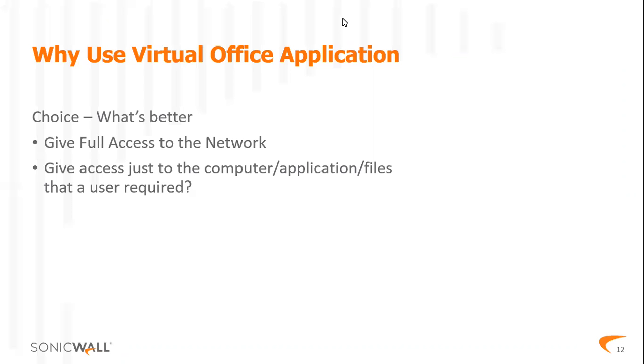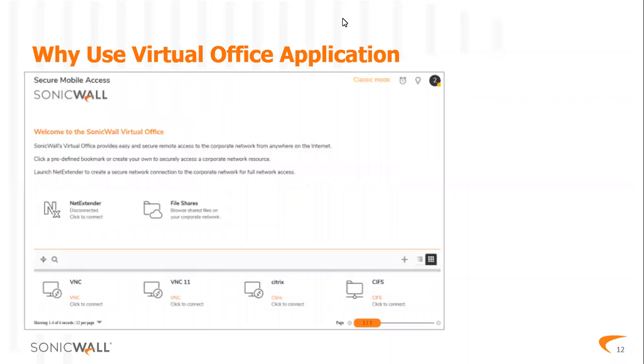For the SMA, we do support the virtual office application. This can give full access to the network, or if you would like to give access to certain computers and applications, this will be the page grid.